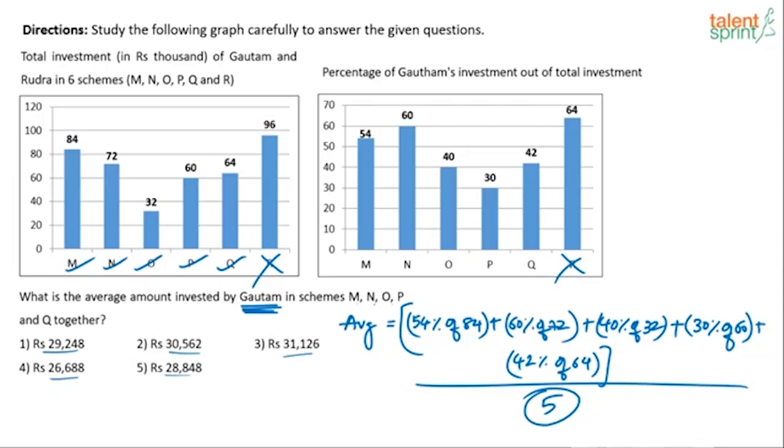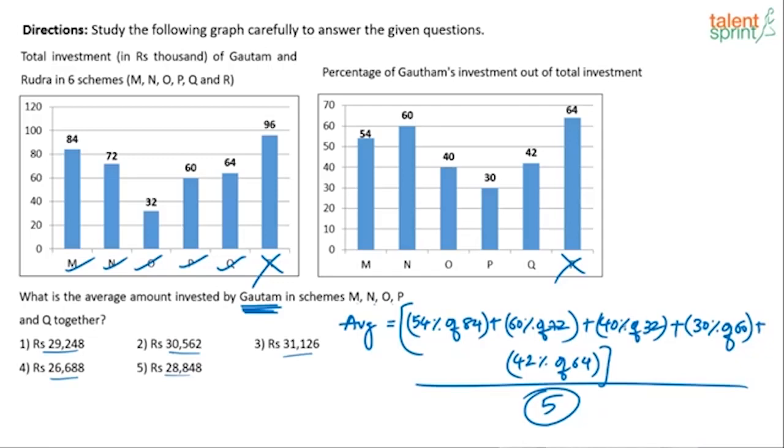But that also will not help because the denominator here is 5. 5 multiplied by 8 will give you 0. 5 multiplied by 2 will give you 0. 5 multiplied by 6 will give you 0. So the unit digit method definitely does not work. You have to maybe do an approximate calculation, but that is up to you. Anyway, you know what needs to be done, right? I am not going to do the calculation for you. You can do the calculation yourself, but be very quick, or you better leave it. Leave it the moment you read the question.